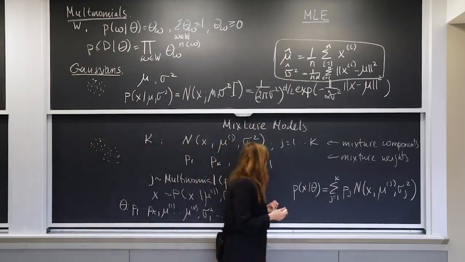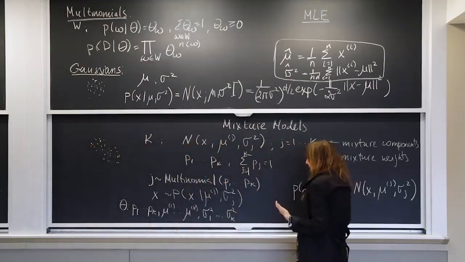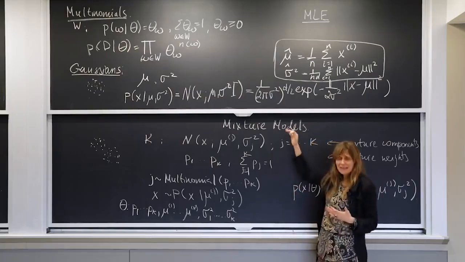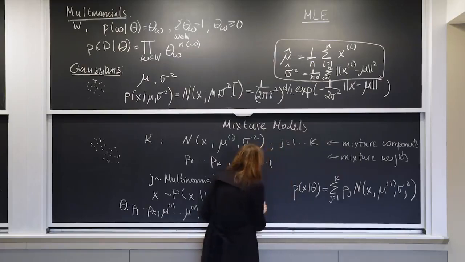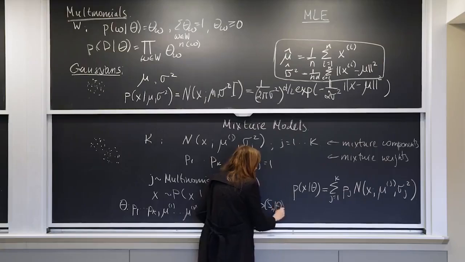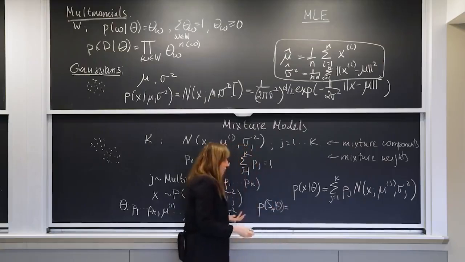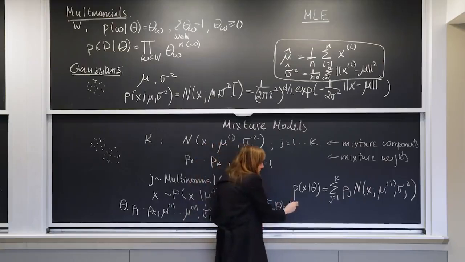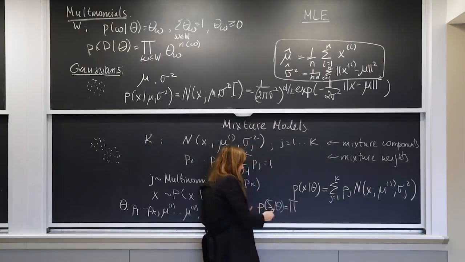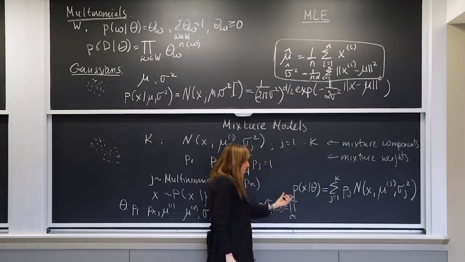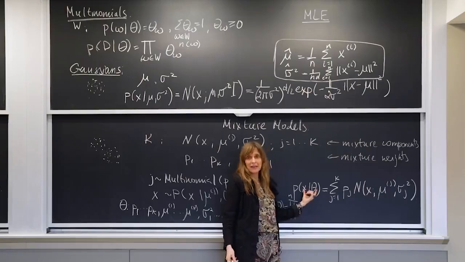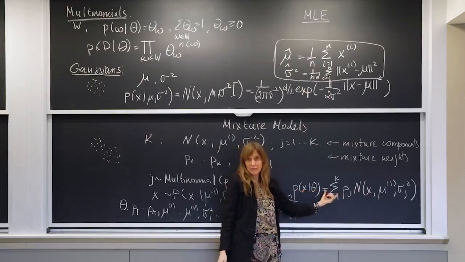So let me first write down the likelihood. We will do exactly the same thing as we've done before. I'm giving you some set of points, S_n, that has n points, with parameter theta. What it means is that we need to multiply, because all these points are independent. We're going to go from point 1 to point n and multiply its likelihood of being generated by this Gaussian.